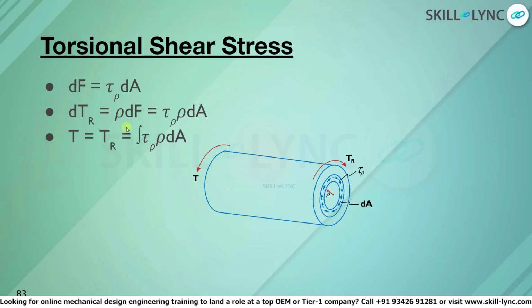Now dTr will be equal to rho dF, because we know that moment is equal to distance times the force applied. Now we know the value of dF, which is tau rho dA. So we can simplify and we'll get dTr is equal to rho tau rho dA. Taking integration on both sides, we'll get the value of Tr, which is equal to the integral of rho tau rho dA.